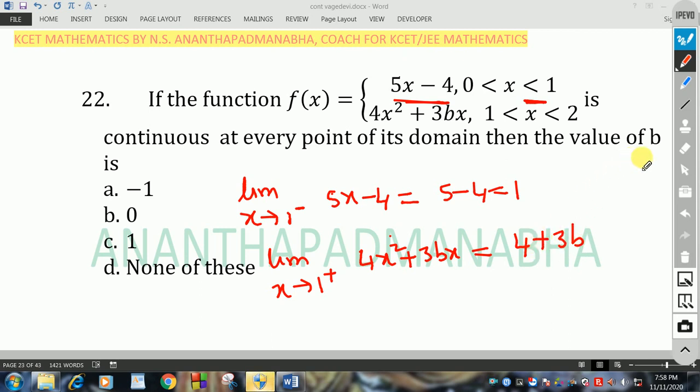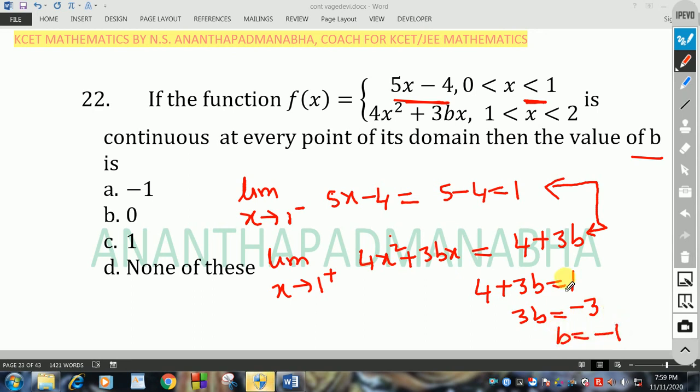So I have to find the value of b. It is continuous, therefore left hand limit and right hand limit are the same. So 4 plus 3b is equal to 1, or 3b is equal to 1 minus 4, which is minus 3, or b is equal to minus 1, which is in option A here.